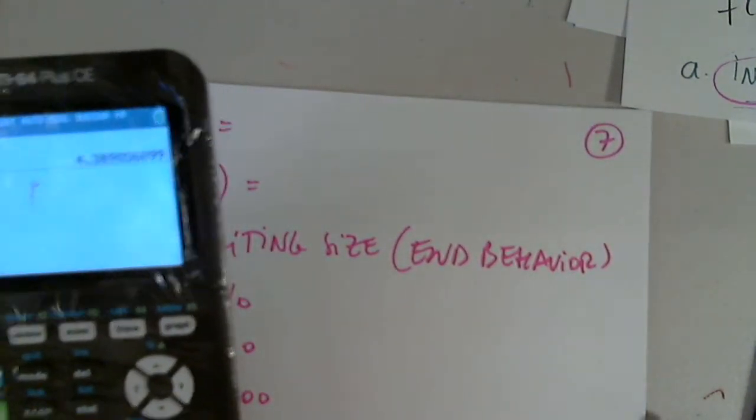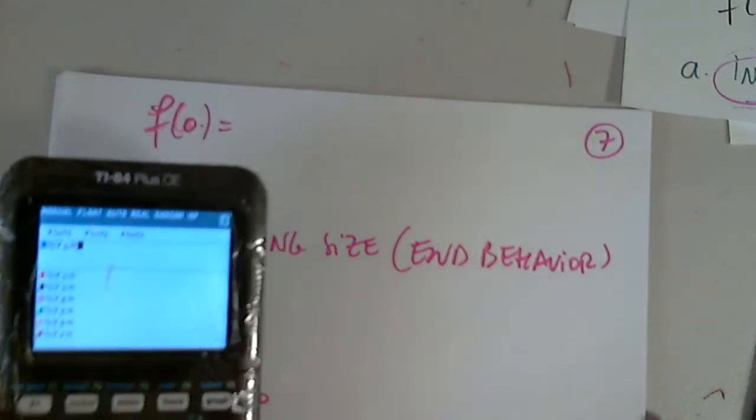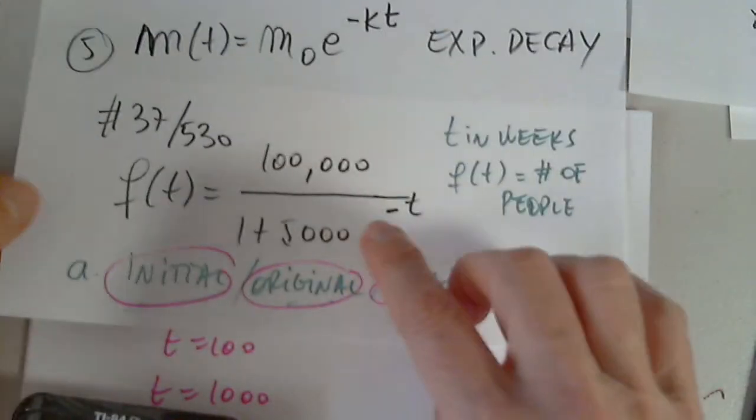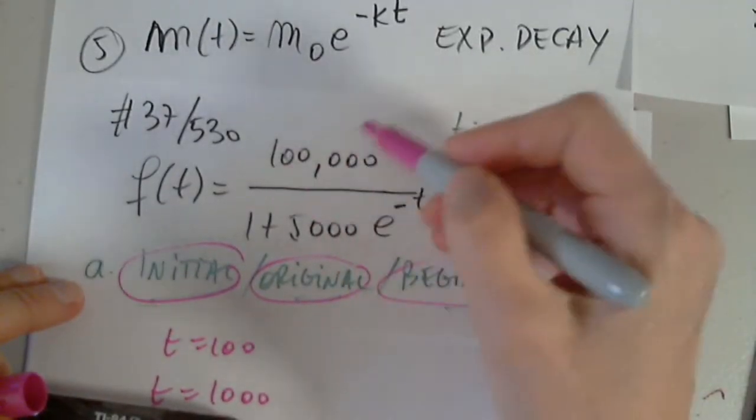So let's grab our calculators in y equals, clear whatever you have, and be very careful how you enter this function. Because the numerator is just one term, there is no need for parentheses around the numerator.